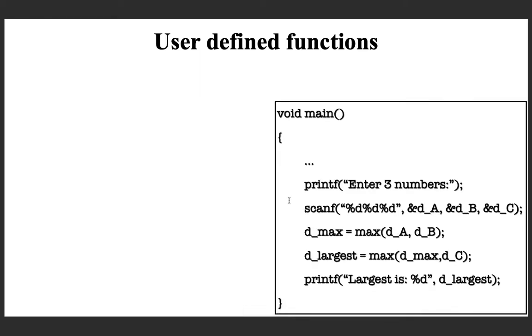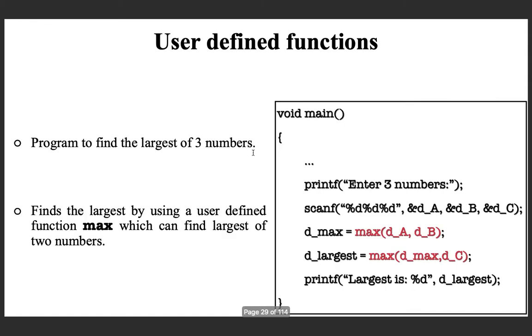Now we can look at a concrete example. Here I have a program. What does it do? It is to find the largest of three numbers. Then how is it finding it? It finds the largest by using a user-defined function max. See, here I am calling a user-defined function max, which is to find the largest of two numbers passed to it as arguments.